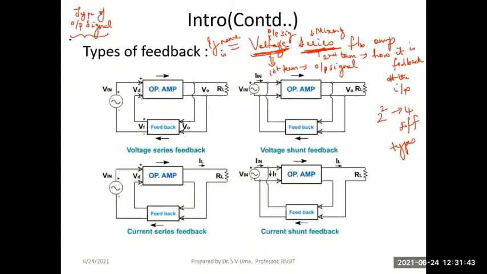It can be a voltage or a current. The second syllable in the name talks about how the feedback signal is mixed at input. So on the input side, how the feedback signal gets added or mixed with the input.